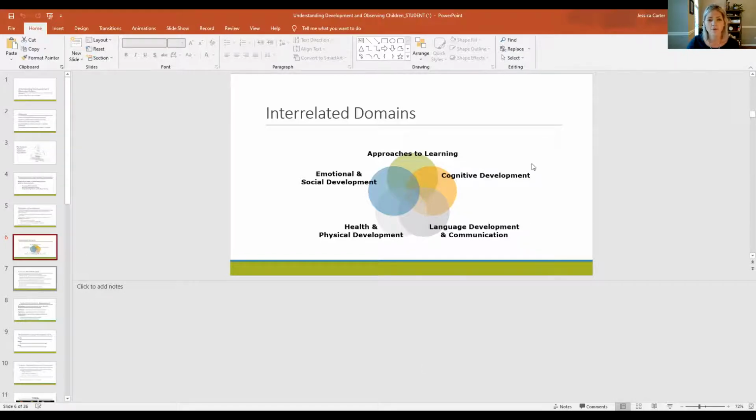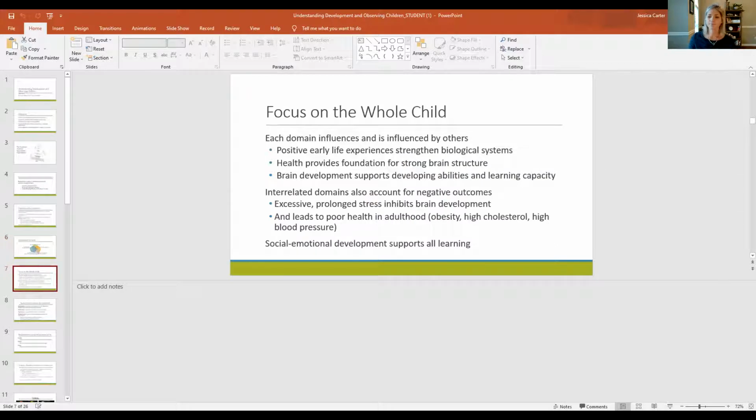So these are the domains of growth and development in young children. And the main thing to be aware of is that they're not mutually exclusive of one another. As I said, we often see lots of overlap and interconnectedness among these different areas.